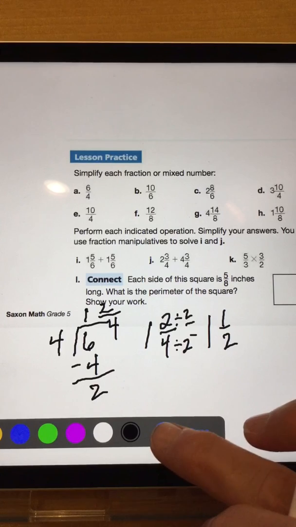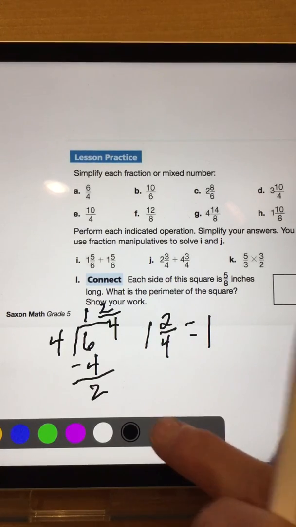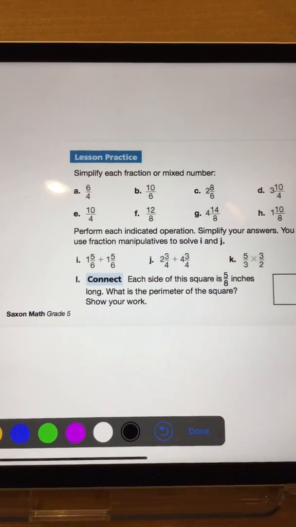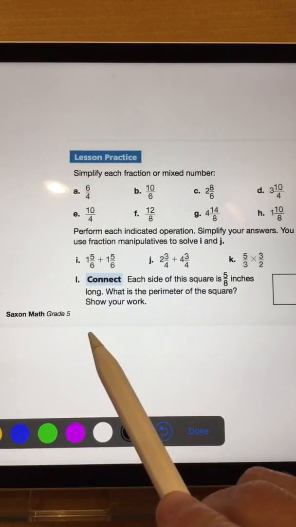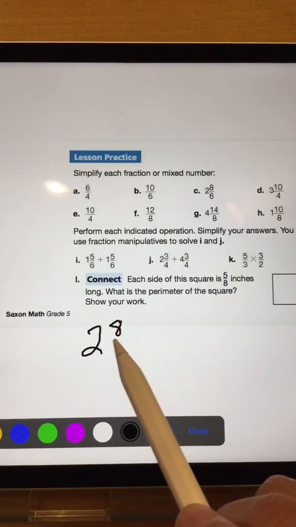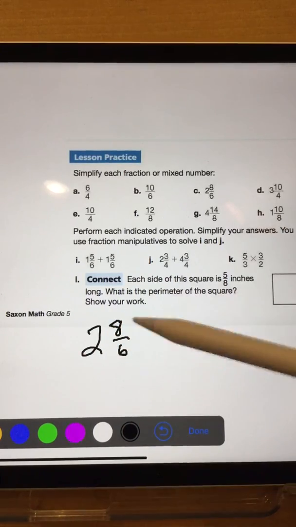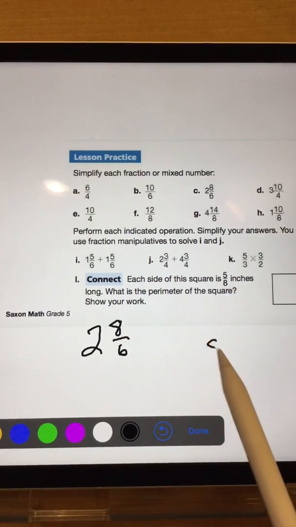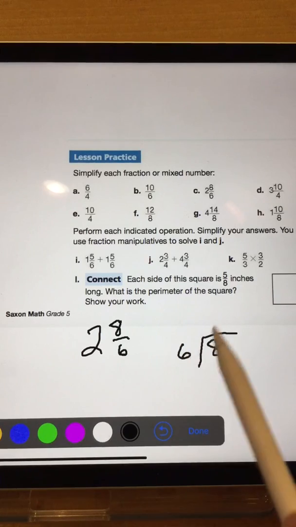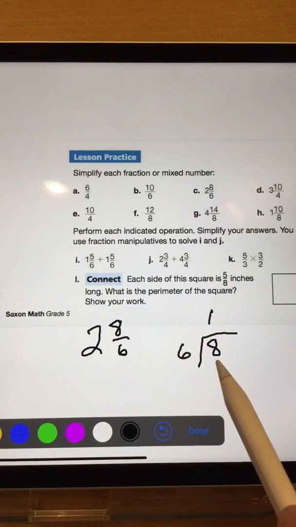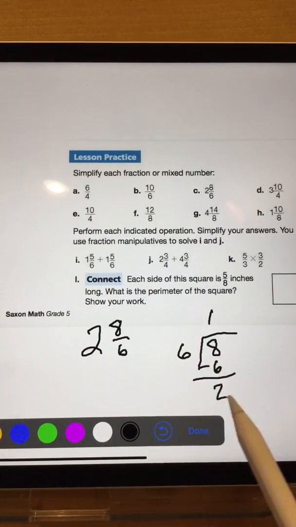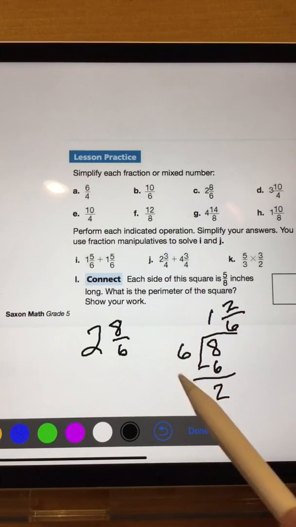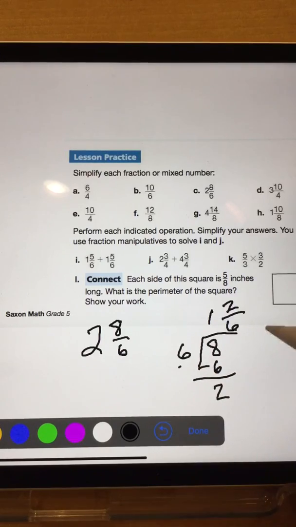All right, our next problem, we'll only do a few of the lesson practice, okay? I'm going to do the 2 8/6. I chose this one because it has a whole number and the improper fraction. So 6 goes into 8 once. 6 times 1 is 6. Subtract. We have 2 as our numerator, 6 as our denominator.